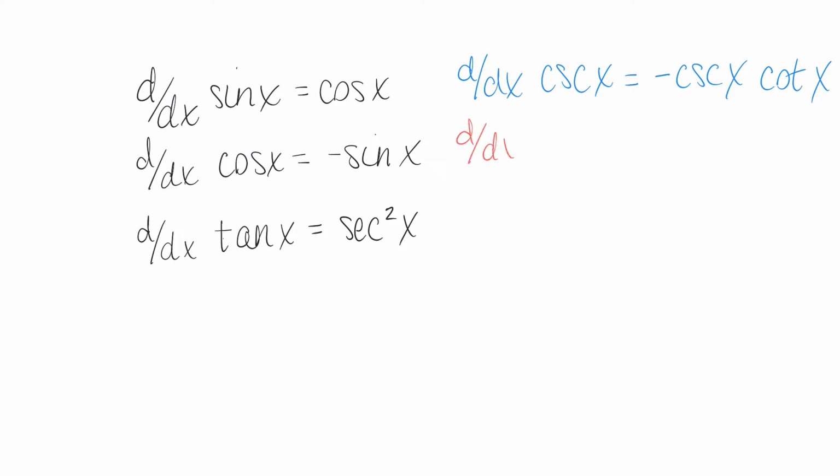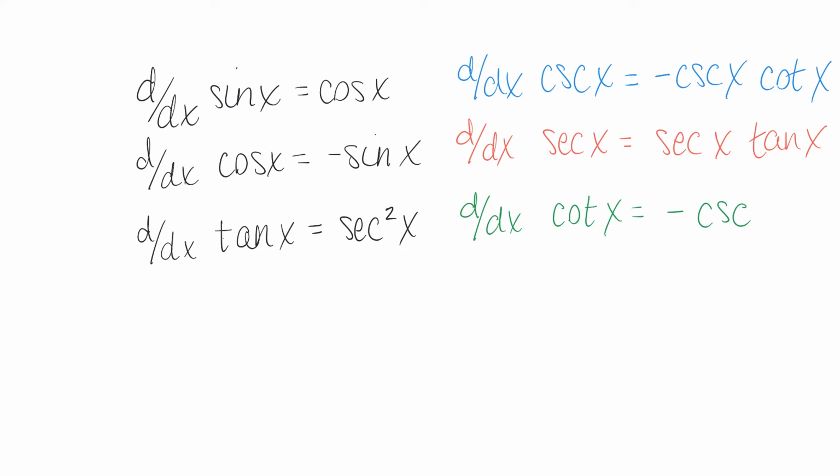The derivative of secant x is secant x times tan x. And finally, the derivative of cotangent x is negative cosecant squared x.